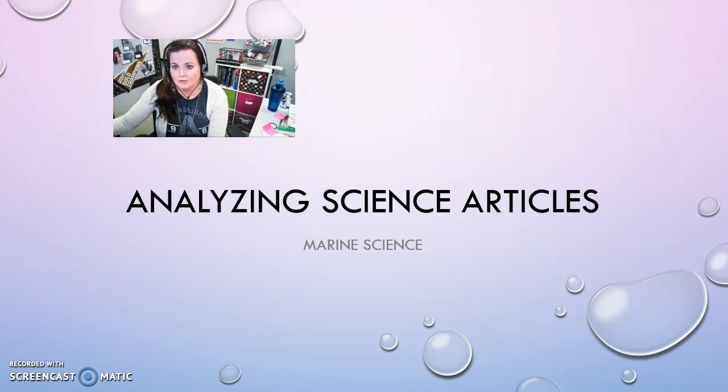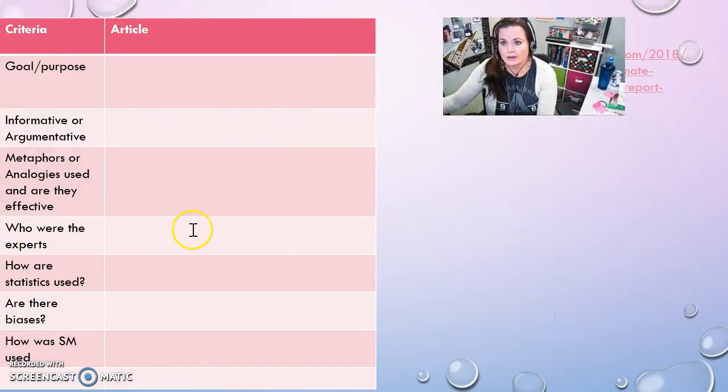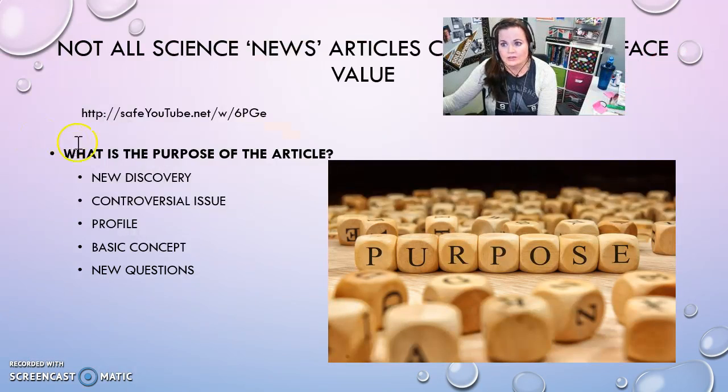I go on to this slide here and kind of show you what I am looking at here. So when we're looking at an article and want to evaluate it, I want you to use these criteria for that article. You're going to find out what is the goal or author's purpose for writing the article. Some of the things that we talked about in the live lesson are: are they trying to communicate and talk about a new discovery?